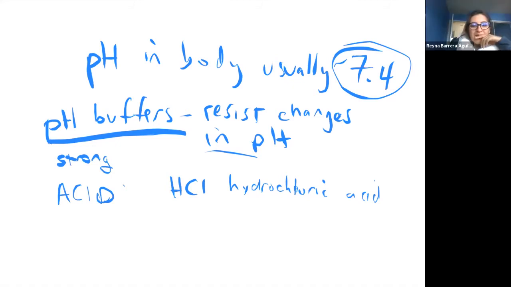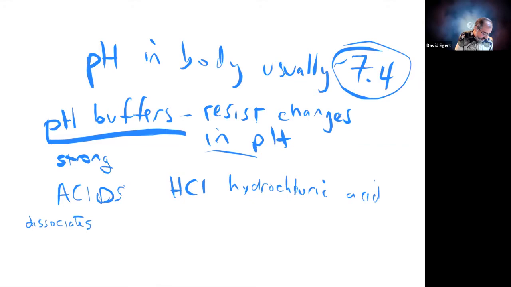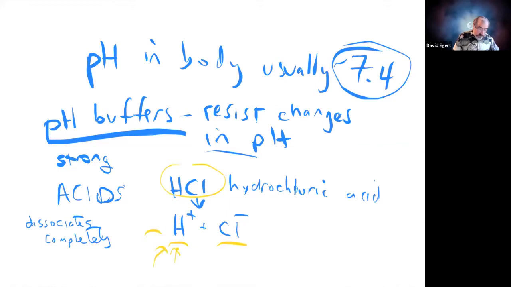So strong acids. A strong acid is something that dissociates completely. So HCl, you put it into water, becomes H plus and Cl minus. If you are dissolving HCl in water, you are increasing the amount of H pluses around, and things are becoming more acidic.